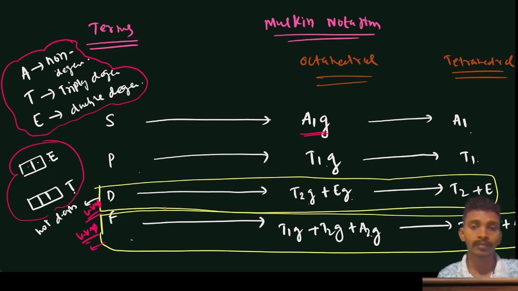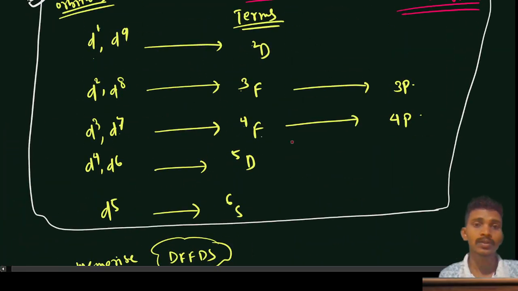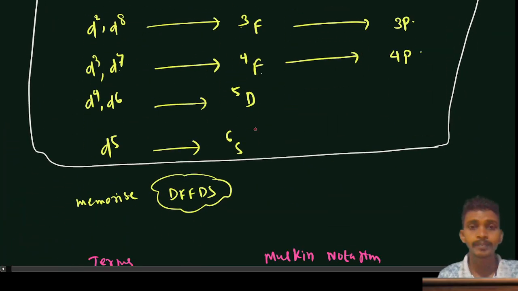Okay, so for memorizing we can insert D orbitals, there are two states we will get, either it will be doubly degenerate or triply degenerate. That's why T2G and EG, because we say that this is EG and this is T2G. Okay, so likewise you can memorize it, and these molecular notations we will remember as DFFF DS.